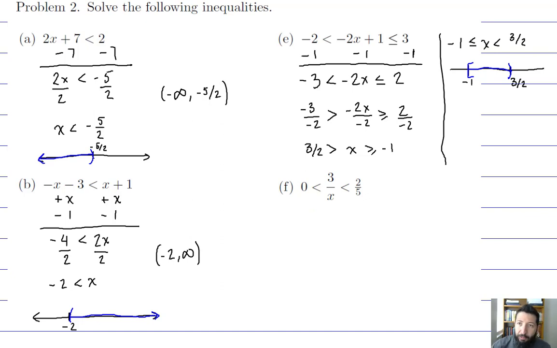Now, for the next one, which is f, even though I did skip C and D, we'll look at this one right here. Now, firstly, there's this component to it. And so how can this fraction, or this rational expression be positive? The only way is if x is positive. If x happens to be negative, then this is not satisfied.